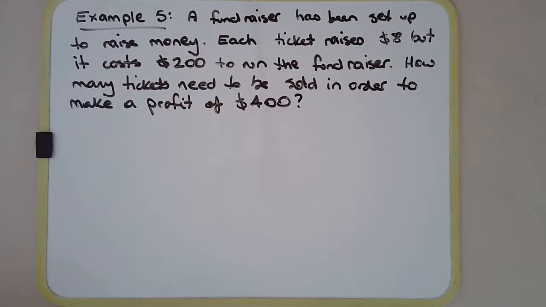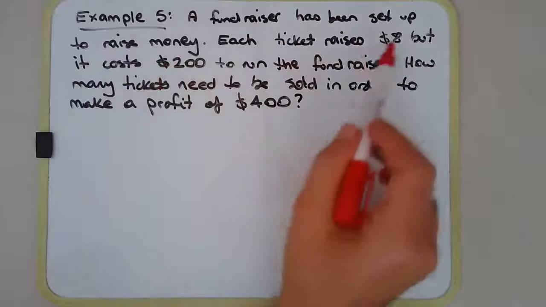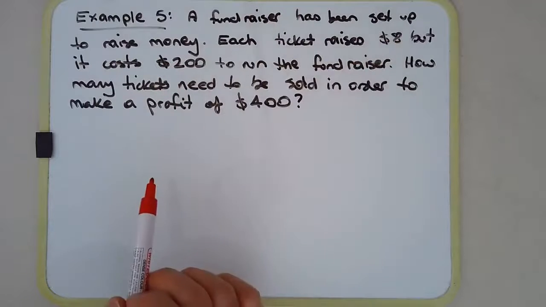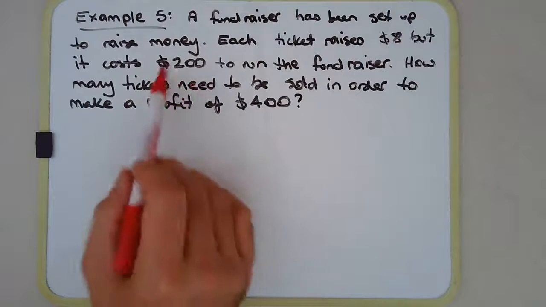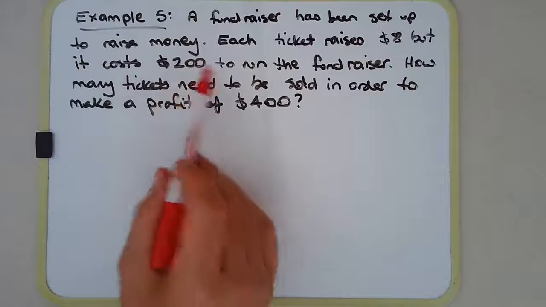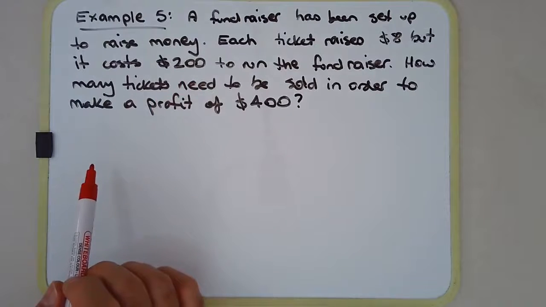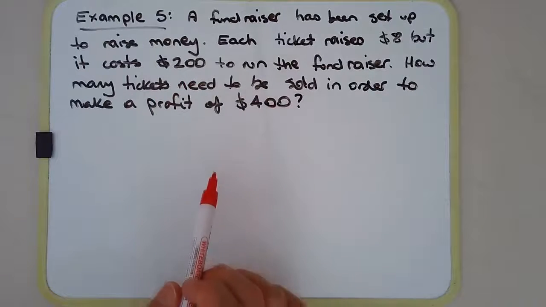So what would you use as a pronumeral? Again, you could use the letter X if you can't think of any other pronumeral. So in other words, we need to sell some tickets. Obviously, each ticket makes $8, but we need to spend $200 all up to run the fundraiser. But we need to make a profit of $400.